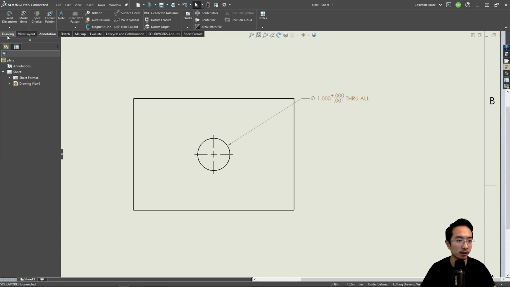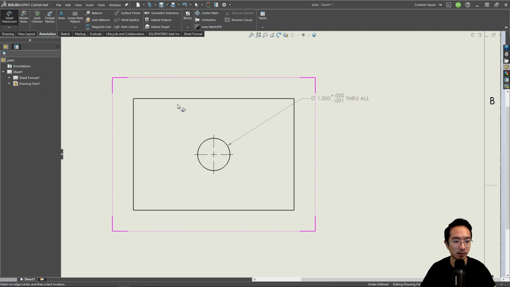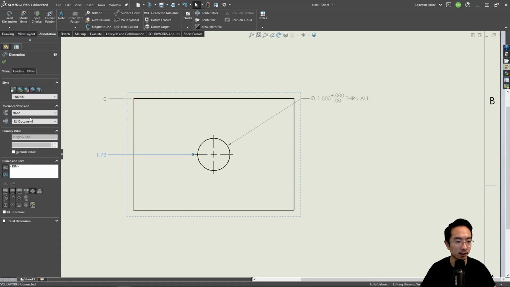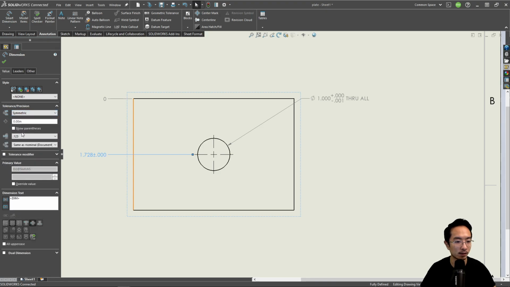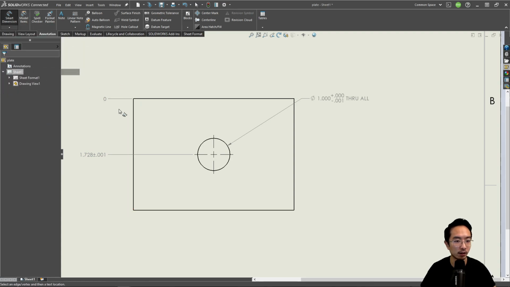The next part is if you have the tolerance in terms of the location, I could do some ordinate dimension here with our 0. And then here, if the location is important, I could make this a symmetric tolerance of plus or minus 1. You can also add in the other dimension in the other way.